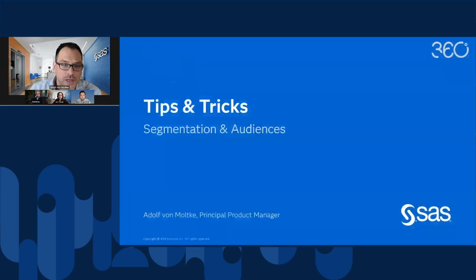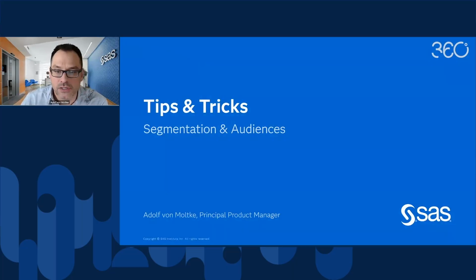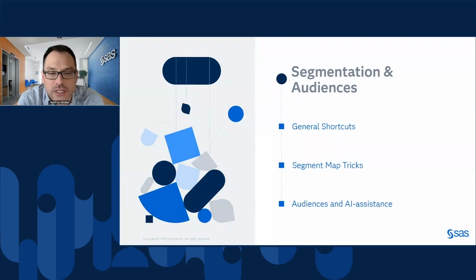So I'm going to start us off and talk a little bit about segmentation and audiences. In my section, I'm going to give you a little bit of info around general shortcuts, things that are across the tool really. And then I'm going to dive into some segment map usability and tips and tricks pieces.